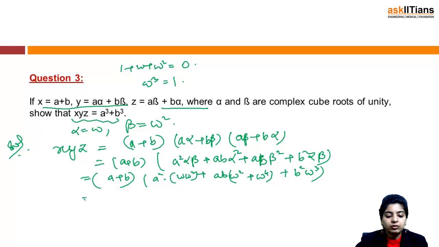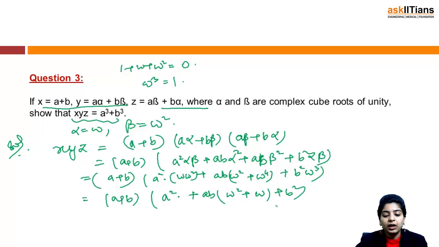So we will be utilizing those properties. So I have a square, omega cube is 1, plus ab, now this becomes omega square plus omega, plus b square. Omega cube is 1 and therefore omega 4 will become omega, because omega 4 can be written as omega cube into omega, and 1 into omega, so it becomes omega.